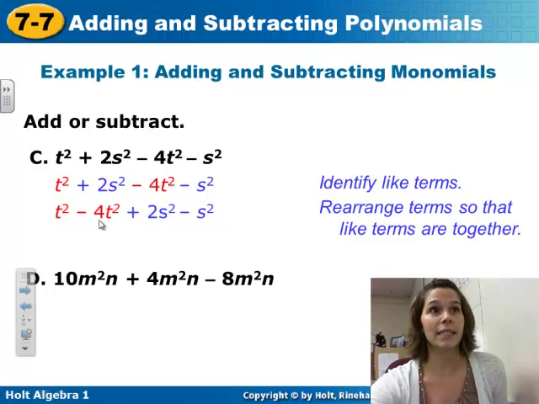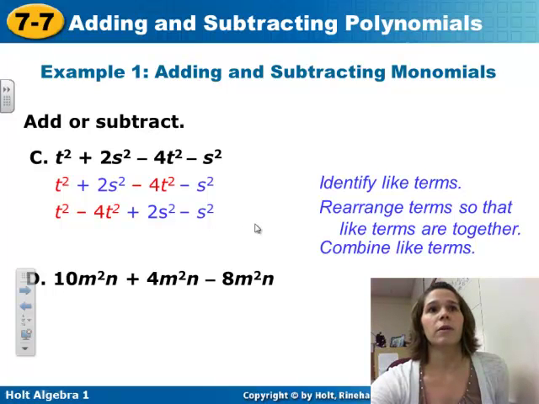Now that I have my t's together and my s's together, let's go ahead and combine them. Remember when you rearrange these with like terms that your plus or minus sign stays with that coefficient. So t squared minus 4t squared is negative 3t squared. 2s squared minus 1s squared is s squared.